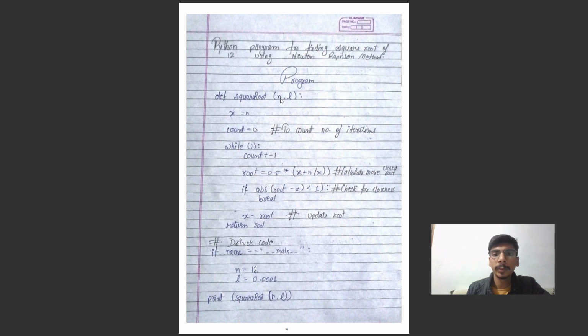Given arguments n and l, n represents the number for which we are going to find the square root, and l represents the tolerance, meaning up to what number of places after decimal we want it error free. Here x is assigned n, count is equals to 0. We have taken count to count the number of iterations. Here we have used a while loop. While True means it will run n number of times.